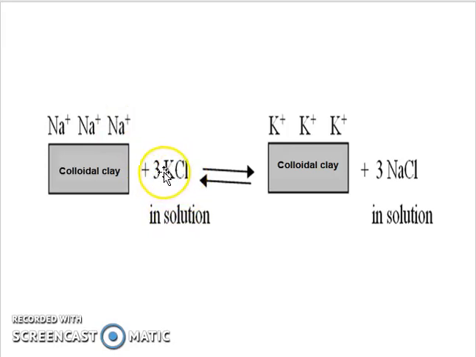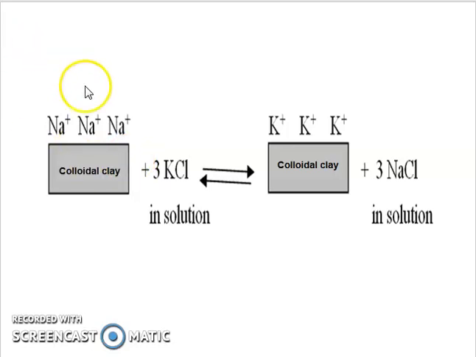If this decreases for any reason, for example addition of lime, the hydrogen here can exchange to the soil solution and prevent a change in soil pH.